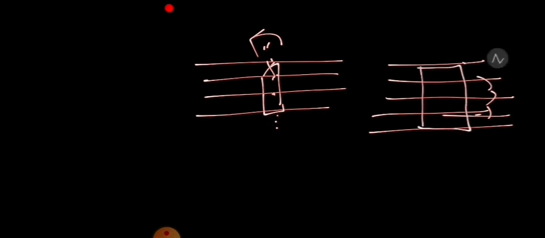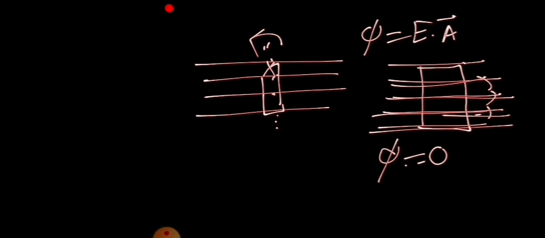Let's take an example. Suppose the electric field lines are like this. I put the area like this, then they pass through it. But if I keep rotating about this axis, a situation will come when the area becomes like this. Now the lines of force are grazing over the surface.